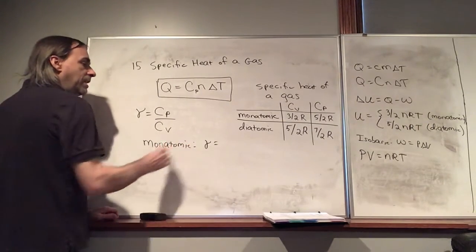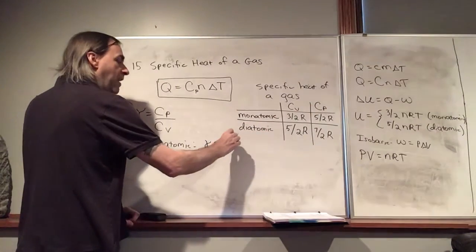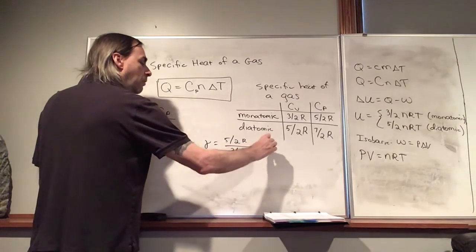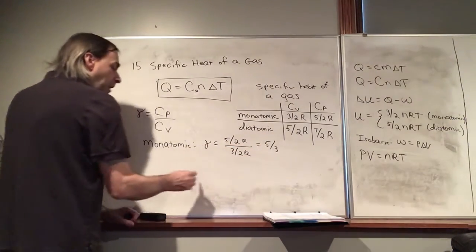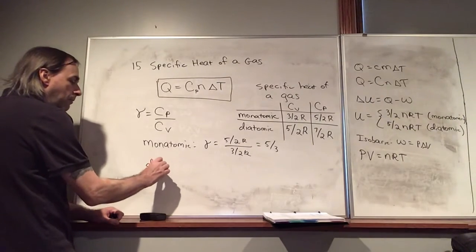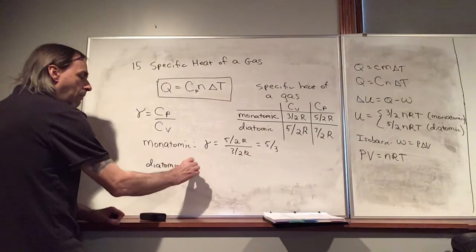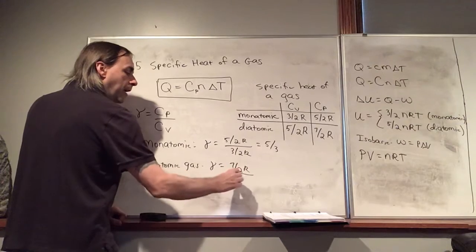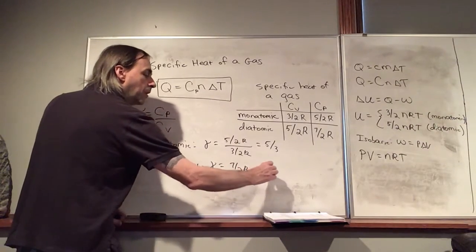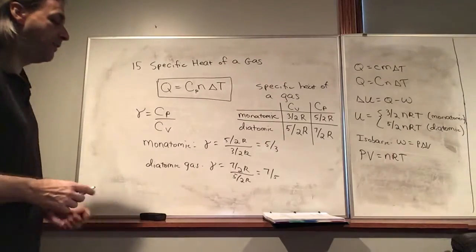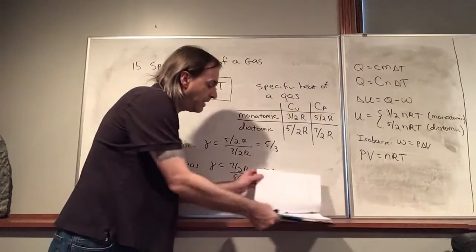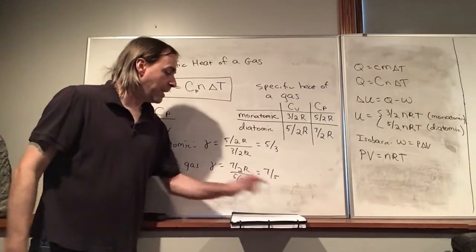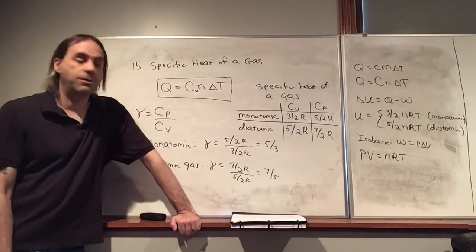Then gamma would be Cp over Cv, so this would be 5/2 R over 3/2 R, which is just 5/3. If we have a diatomic gas, gamma is 7/2 R divided by 5/2 R, so that would be 7/5. I think that's in the notes as well. Yeah, 5/3 for a monatomic gas, 7/5 for a diatomic gas.